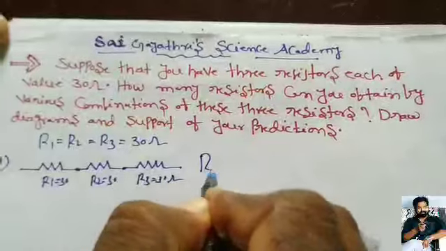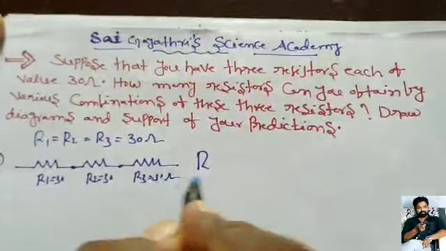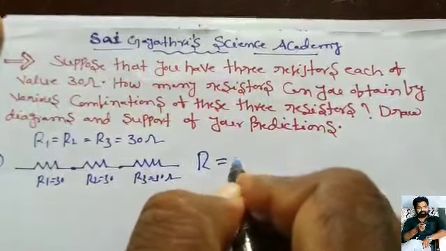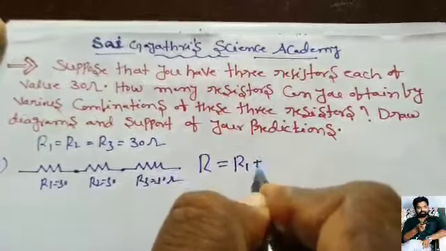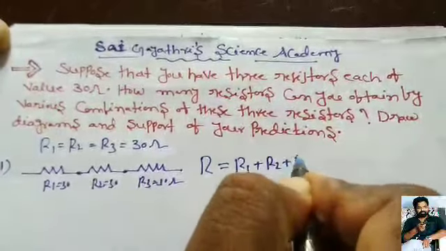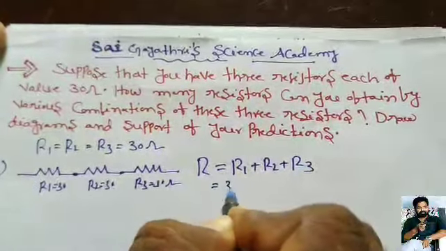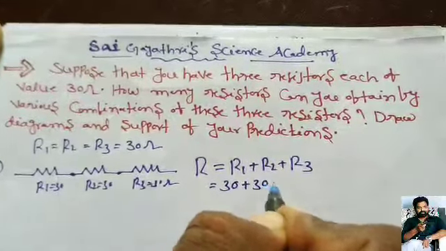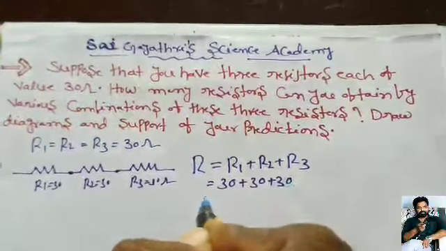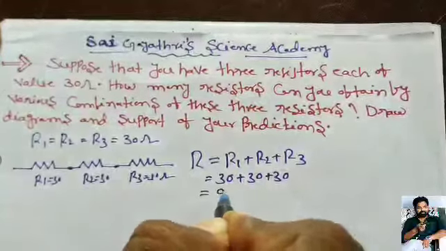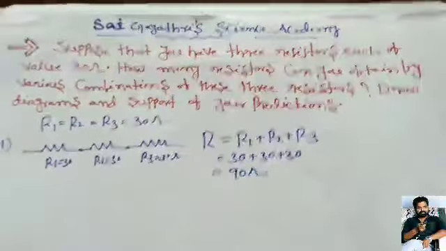Now these 3 resistors are connected in series. Equivalent resistance R equals R1 plus R2 plus R3. Here 30 plus 30 plus 30. So that is 90 ohms.